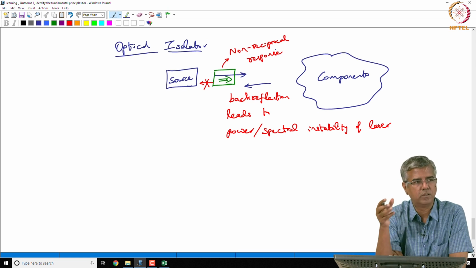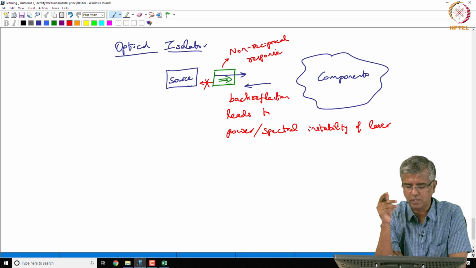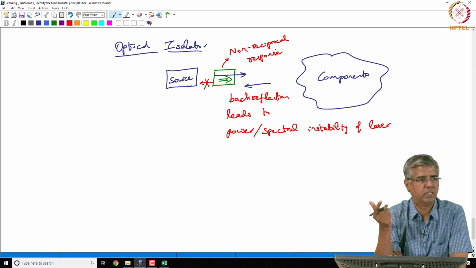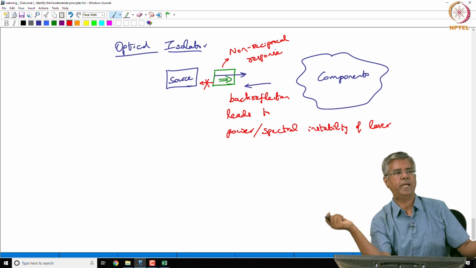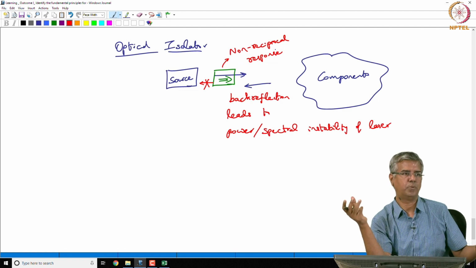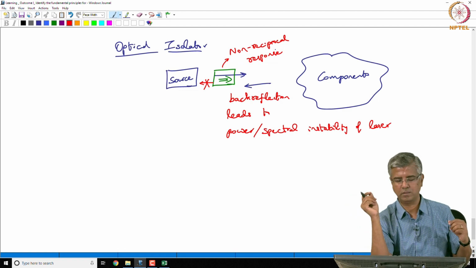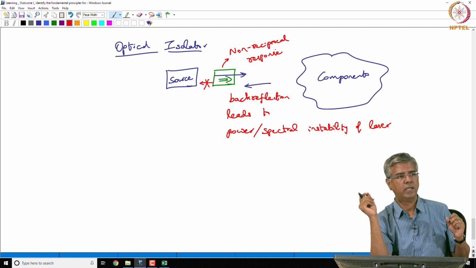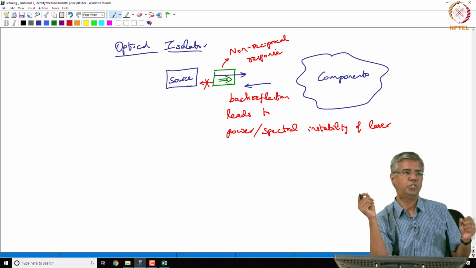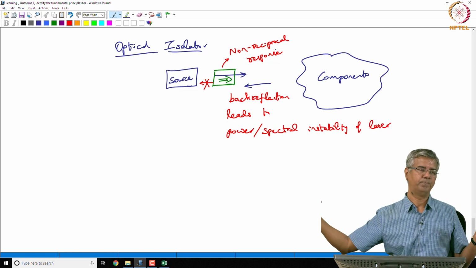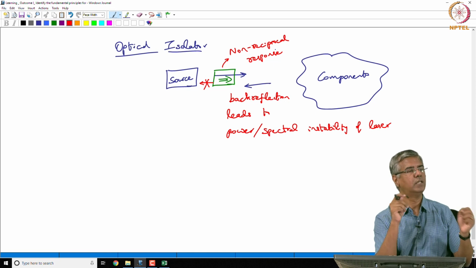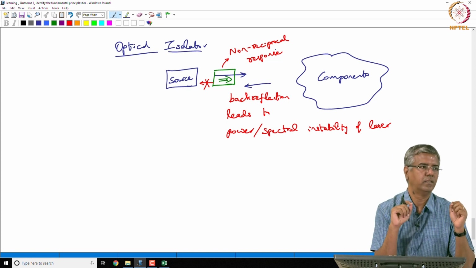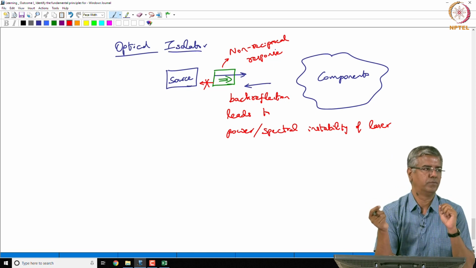So, before we talk about non-reciprocal response, let us just understand what reciprocity means. Reciprocity means that you go from left to right, you have a certain response from this component, and that response should be the same if you go from right to left, the opposite direction. That is, you are flipping the input and output, right.